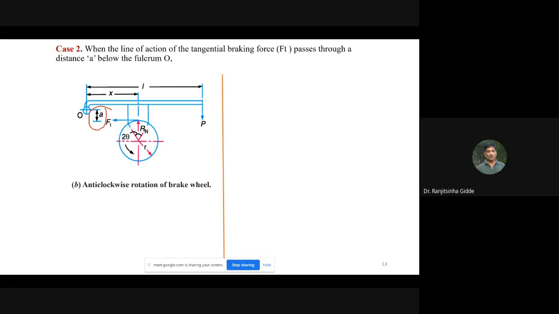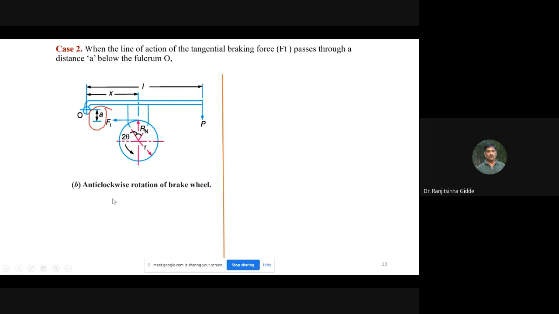Here this disc is rotating in anti-clockwise direction. Previously we have seen that FT is passing through the line of the fulcrum. Now FT is passing at a distance A from the fulcrum.